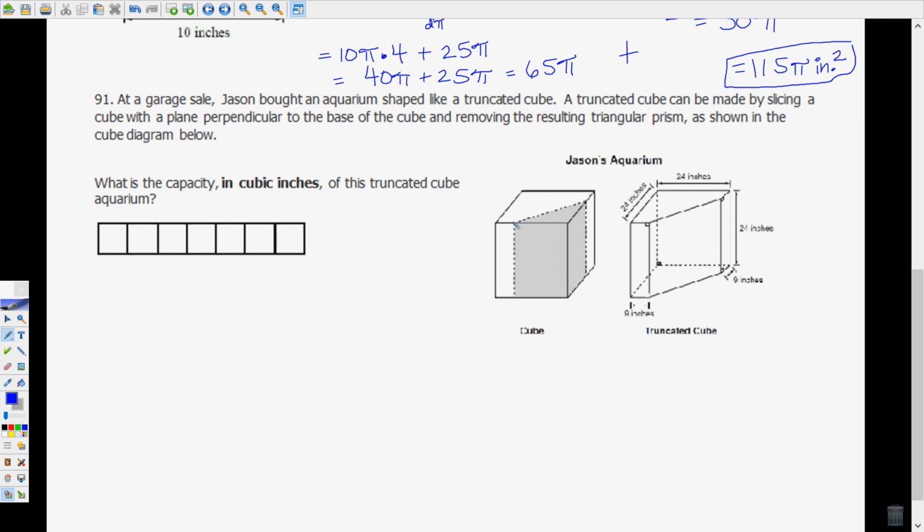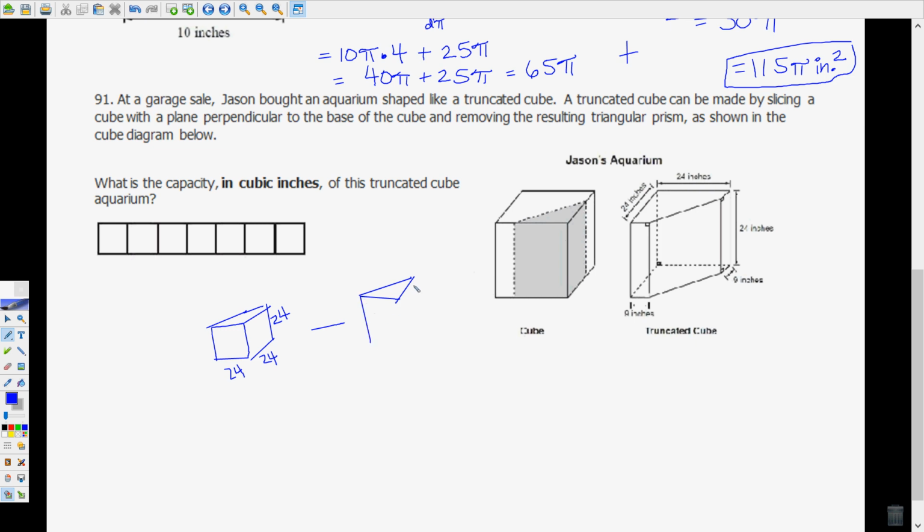If you take your cube, so we've got our cube. This is not a beautiful cube that I'm drawing, but you take your dimensions from over here, 24 by 24 by 24, and you subtract from that cube the little triangular prism that you take out.